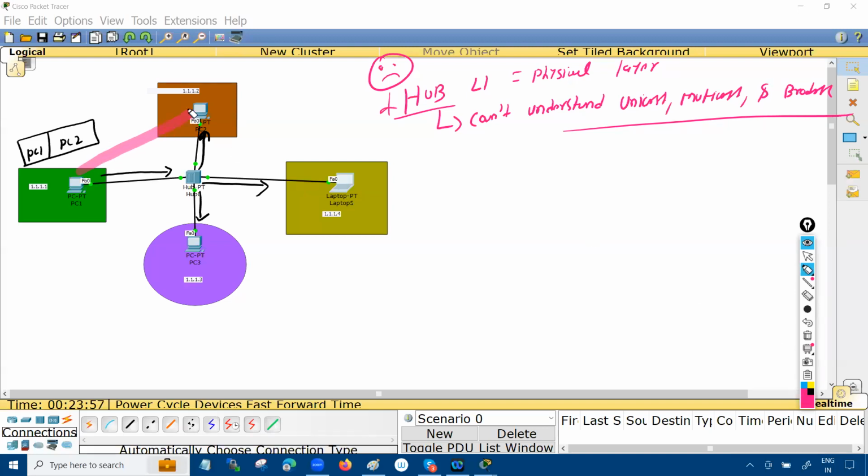But the problem is, even if I'm sending a unicast packet, the hub doesn't have any idea of unicast, not even multicast, not even broadcast. Whenever the hub receives any data, it will just do a broadcast. And that's why we call this a dumb device, because it doesn't have any idea.